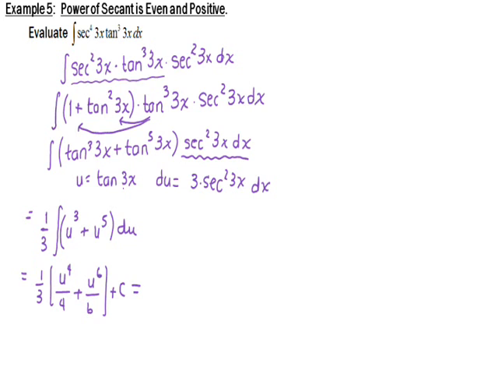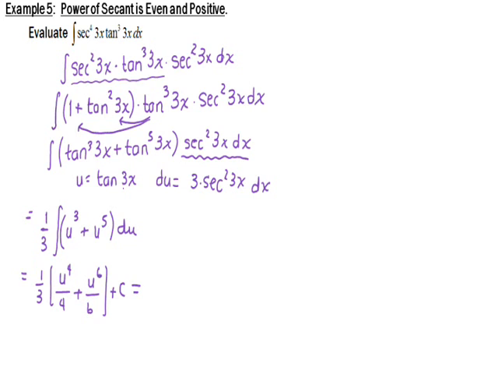The question is, do you want to do the factoring now with the integral's answer in terms of u, or do we want to do it with the integral in terms of tangent of 3x? Well, it really doesn't make any difference. If you feel more comfortable dealing with the algebra and not the trigonometry, it might be best to go ahead and perform the simplification at this point.